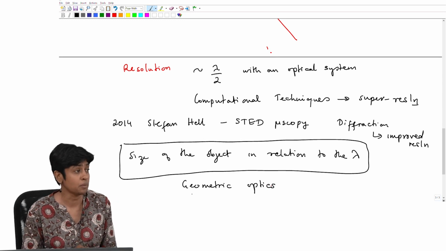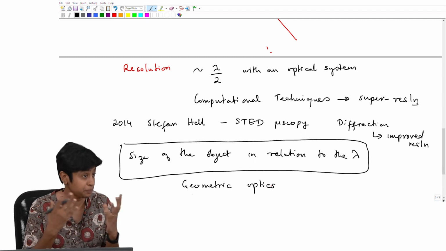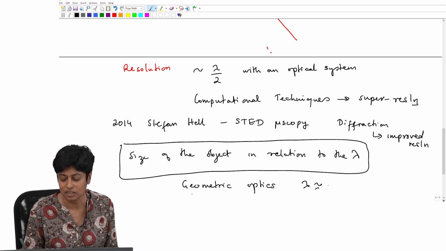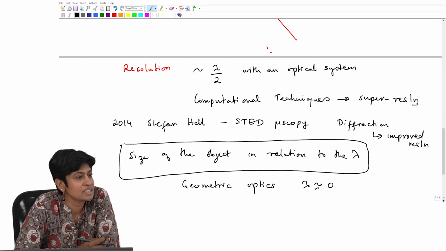In geometric optics, because you're talking imaging of large objects with respect to wavelength, you can consider lambda equal to 0 here. That's an assumption we're making because the wavelength is so small compared to the objects that we are typically imaging.